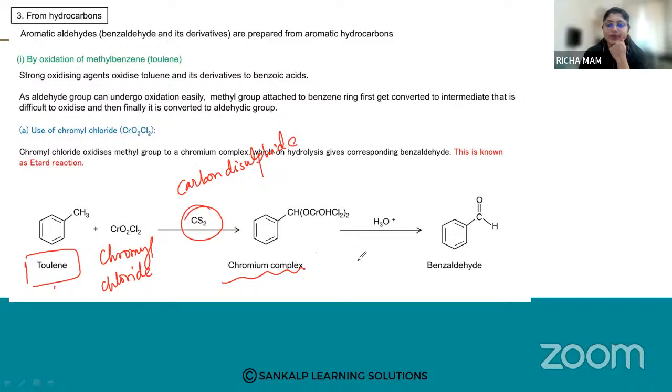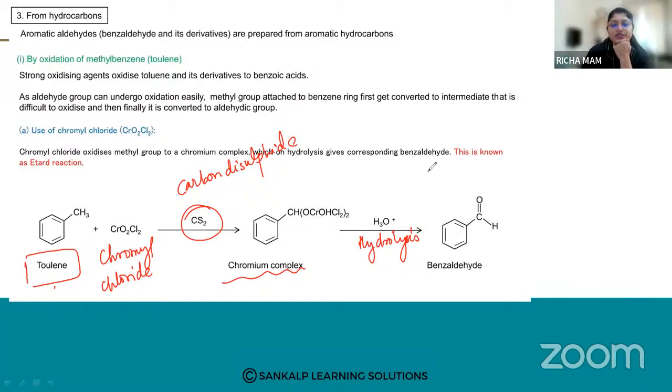This chromium complex will undergo hydrolysis to give you benzaldehyde. So this is the chromium complex, C6H5CH(OCrOHCl2)2.